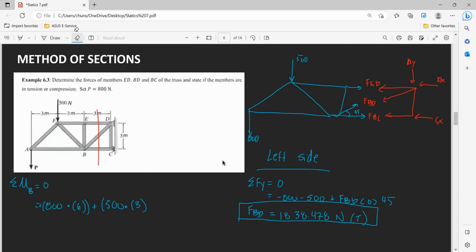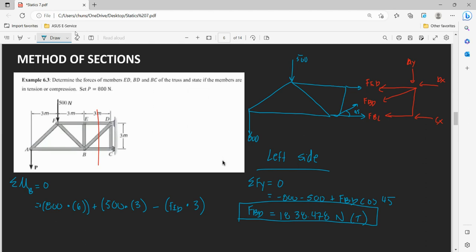And finally, we have our FED up at the top. So FED would need to go in a counterclockwise direction to get to B. So we have FED, and that is at a distance of, so it's a vertical distance now. And we want that vertical distance of 3 meters equal to 0. So we move this over.